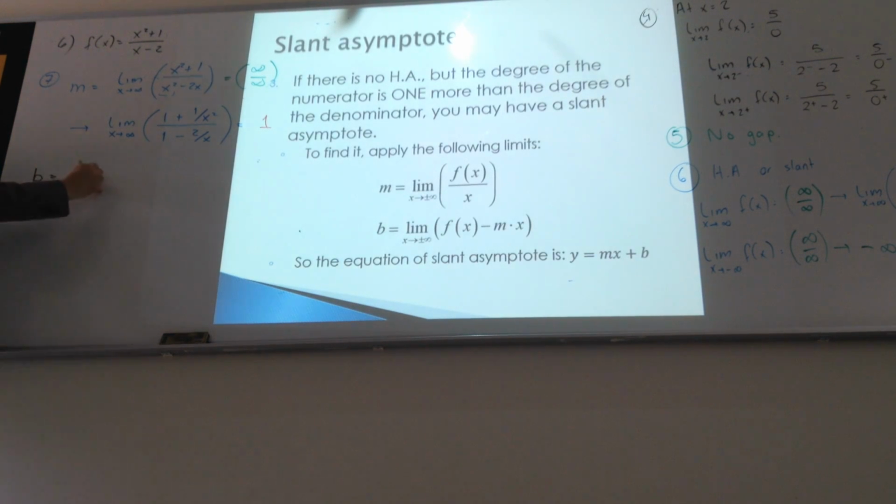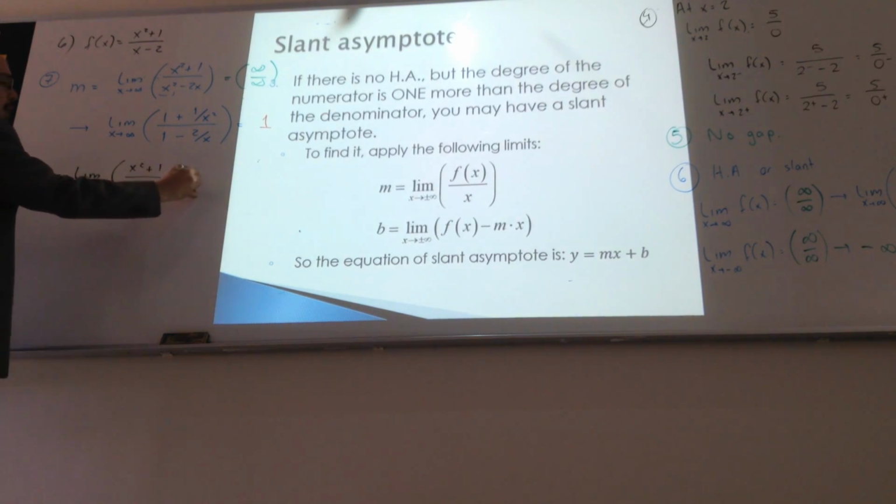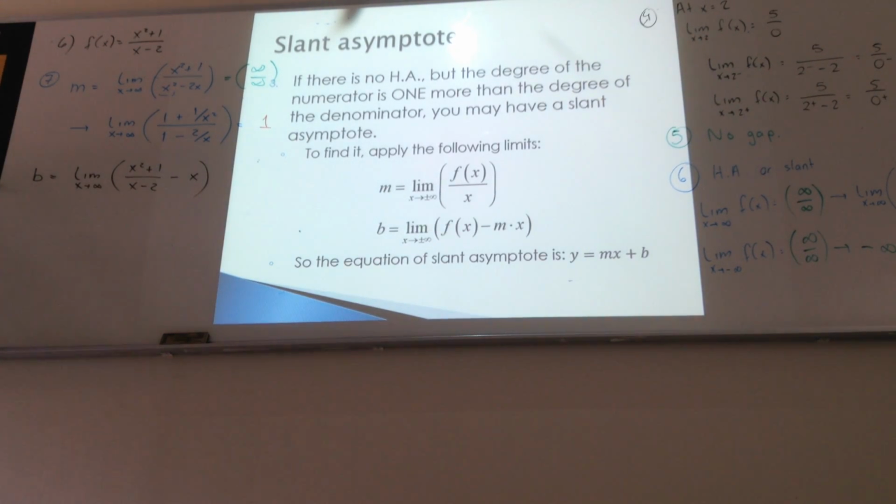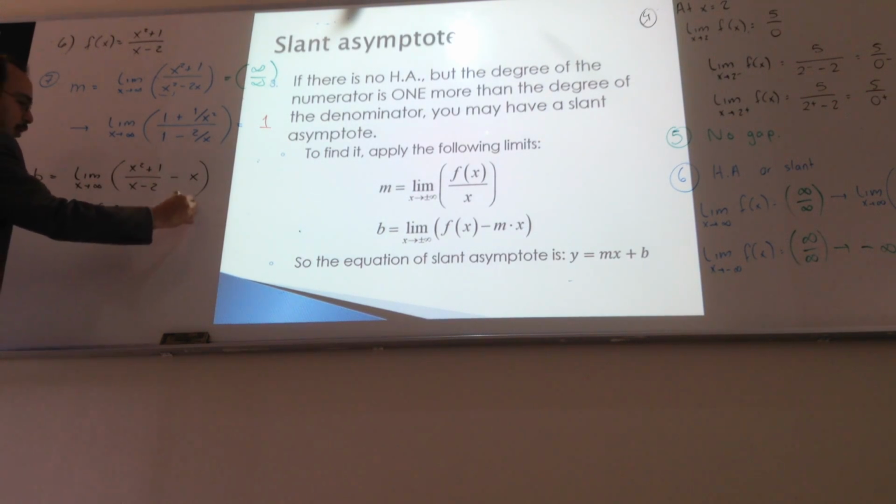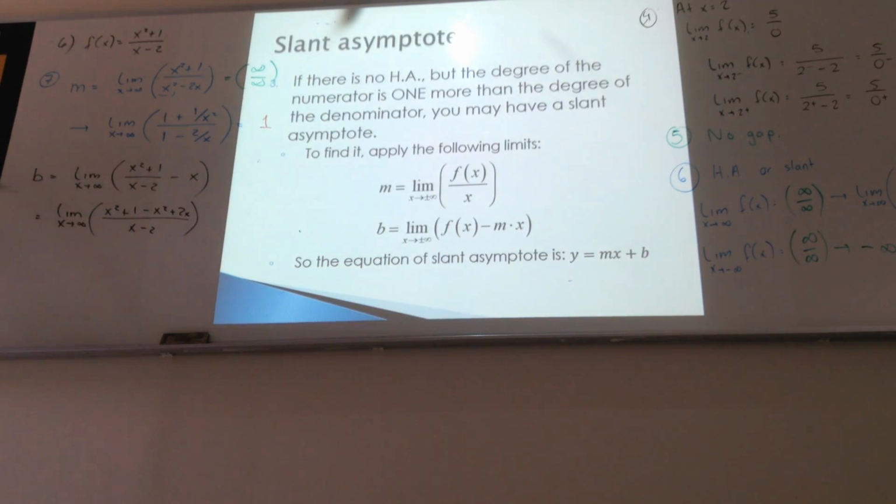b. Limit x approaches infinity of x squared plus 1 over x minus 2, minus x. And add the fractions. So it's going to be x squared plus 1 minus x times x minus 2, that is, minus x squared plus 2x. Get it?